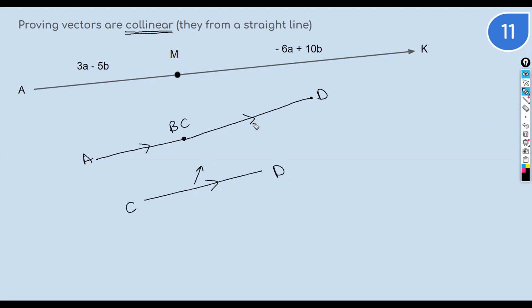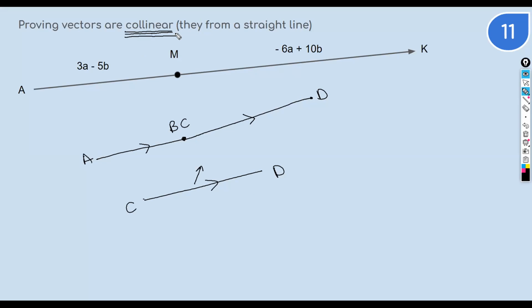I think the answer is yes, 100% yes, because we keep the same direction. We're just sliding it upwards so that B and C meet. Obviously, A to B and C to D is definitely going in the same direction. In other words, collinear is a perfect straight line.